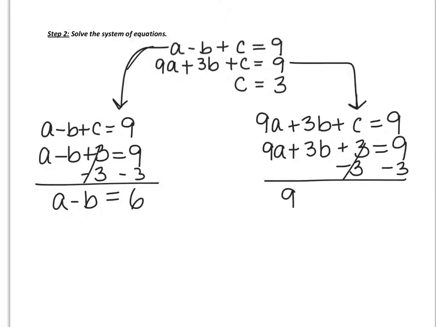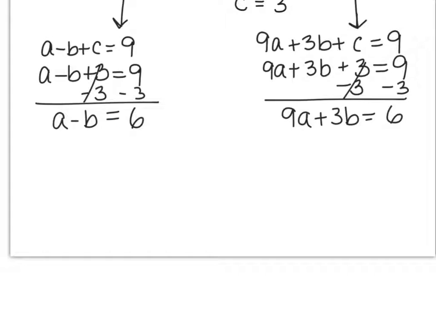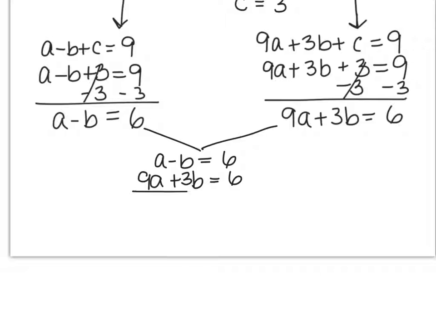So now we have 9a plus 3b equals 6. Now that we have these two equations in terms of a and b, I'd like to put them together to solve for a or b. So we have a minus b equals 6, and 9a plus 3b equals 6.